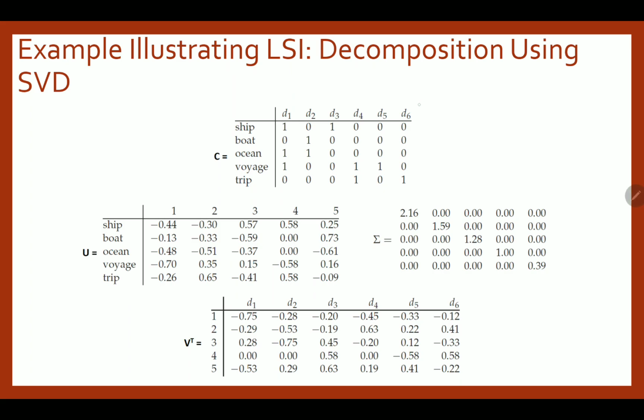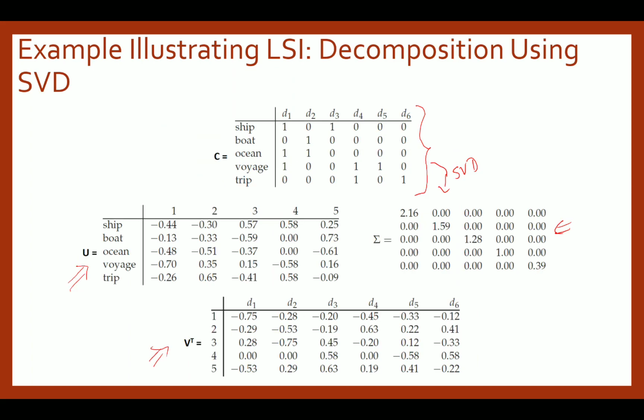So let's assume that this is the original matrix C, which is the term document matrix, and now we have this U, sigma, and V transpose. So we have done this SVD of this matrix, which gives rise to these three matrices U, sigma, V transpose.